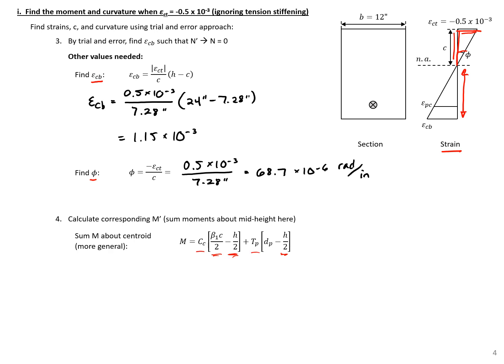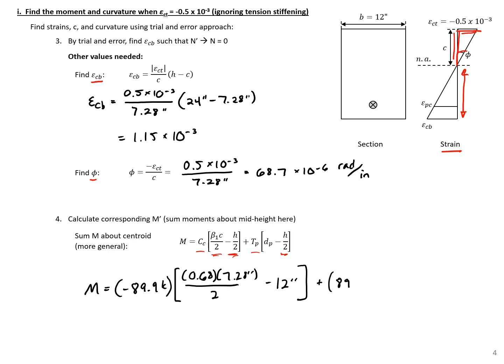So plugging in our values, our moment is equal to negative 89.9 times beta 1 c divided by 2, so 0.68 times 7.28 divided by 2, minus 24 over 2, or 12, plus our tension force 89.9 times 20 inches minus 12 inches.